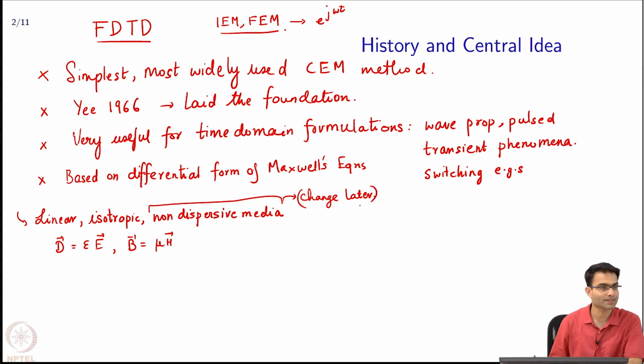Now, with this having been said, what happens to our Maxwell's equations? I mean, we have seen all of this before, right? So, the first equation will become, let's write it in this form first, del by del t of D. Okay. So, that is simply curl of H minus J, right?